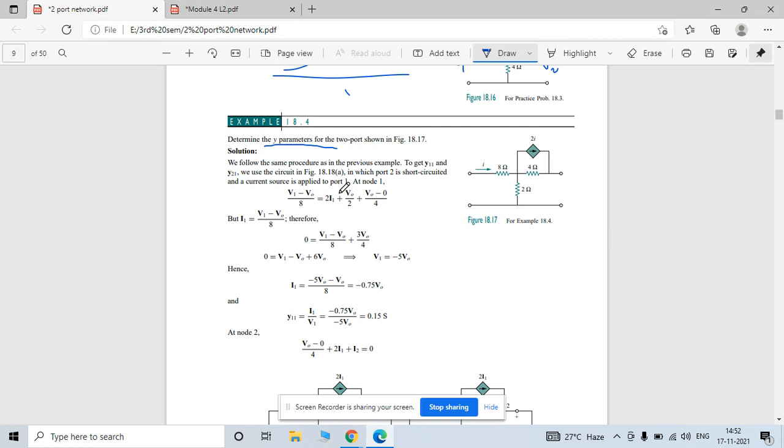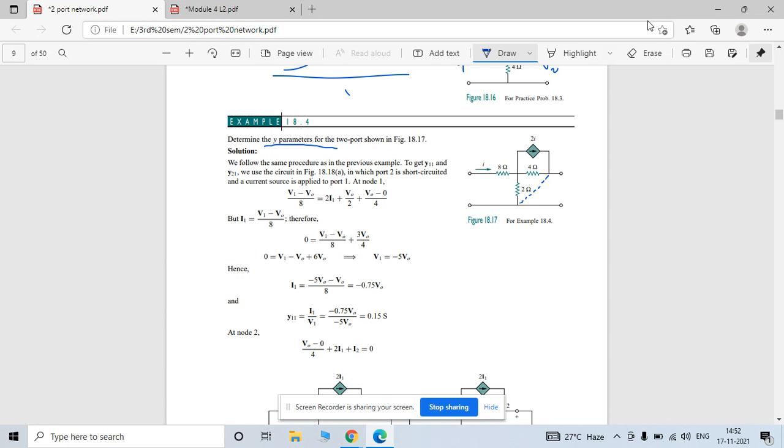So once it is short circuited, what is the effect on the circuit? This becomes short circuited, right? So once this becomes short circuited, then your current is going from, this node is added with this one.